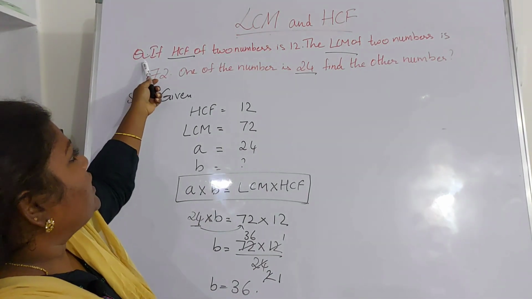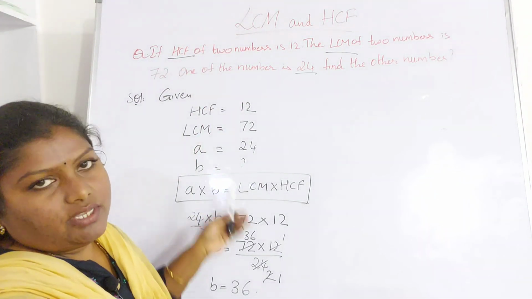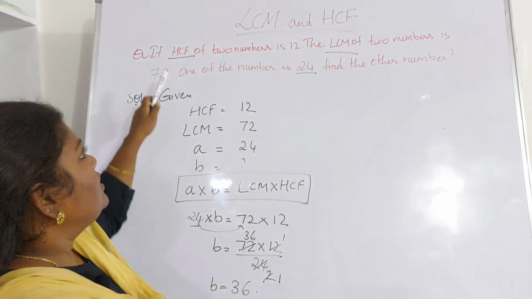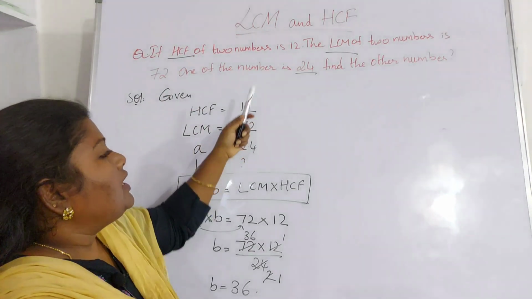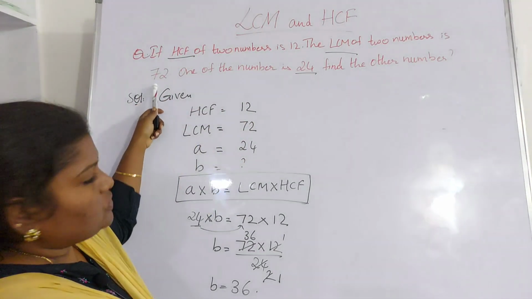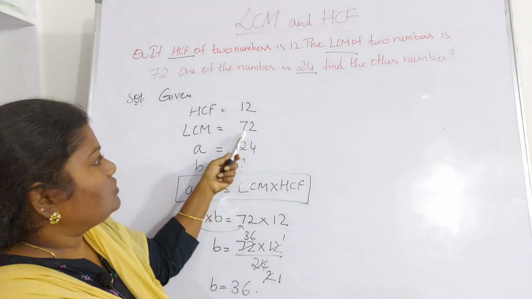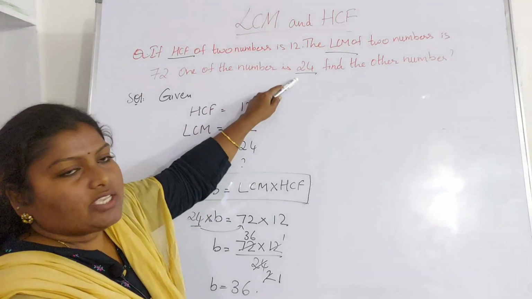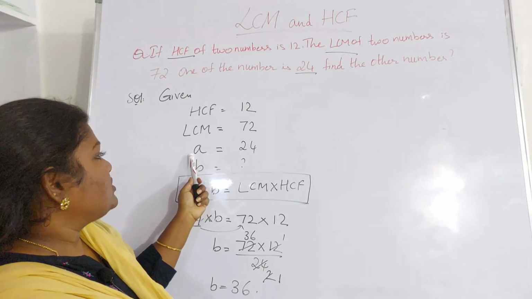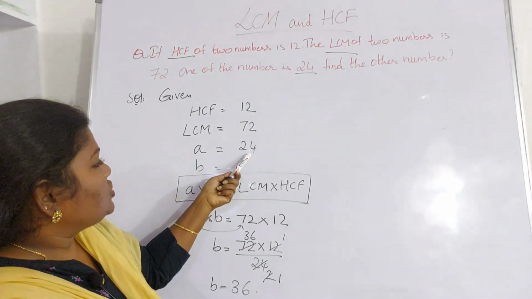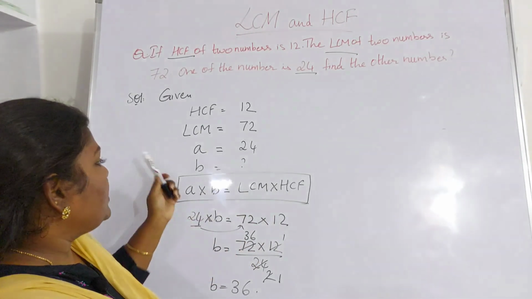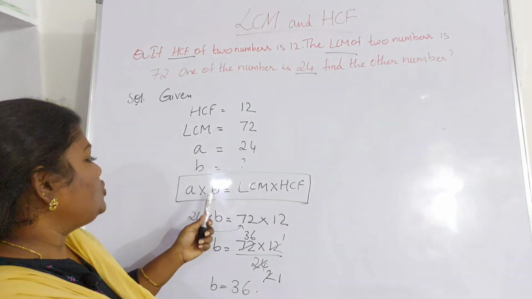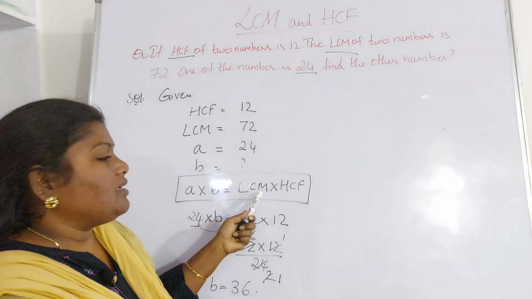Read the question and understand what is given and what you have to find out. Here HCF is given, that is 12, and LCM is 72. One number is given as 24, so I am assuming it as A is 24, and we need to find out the value of B. The relation between them is A into B is equal to LCM into HCF.